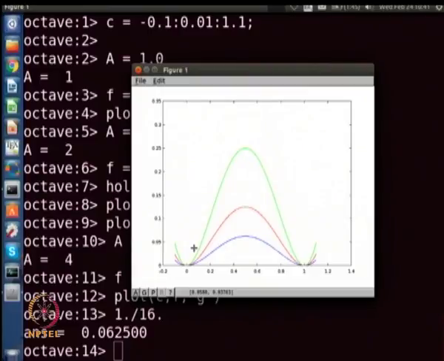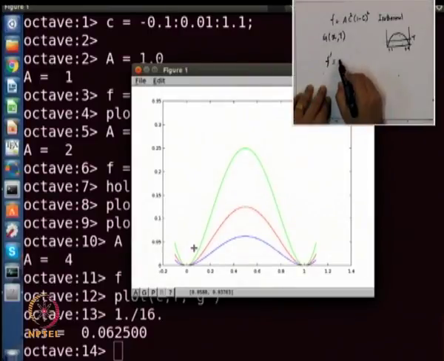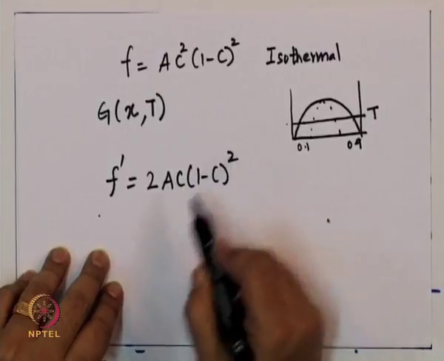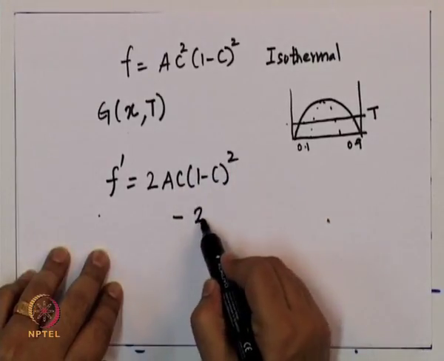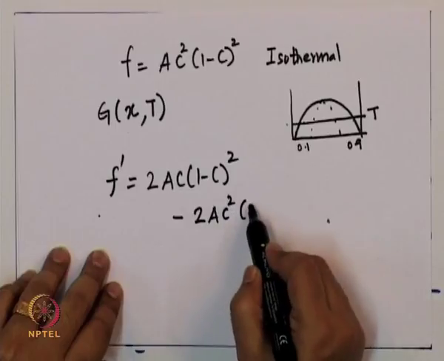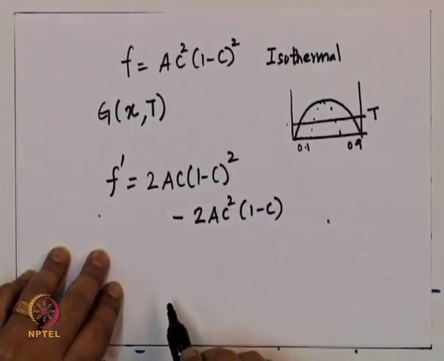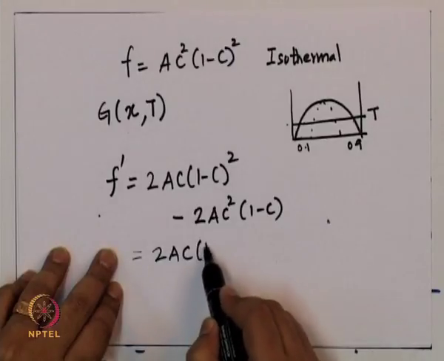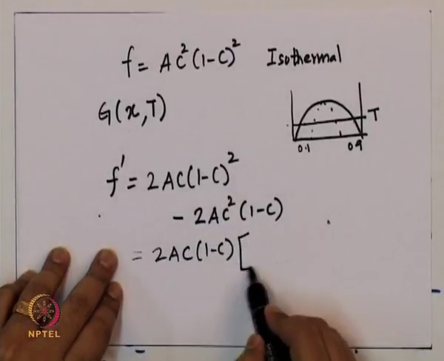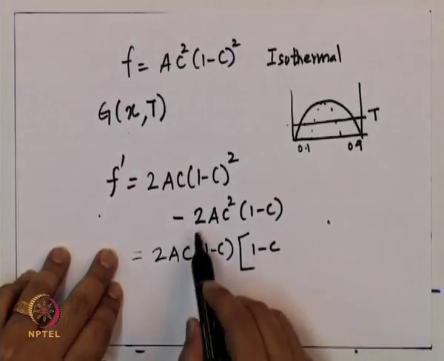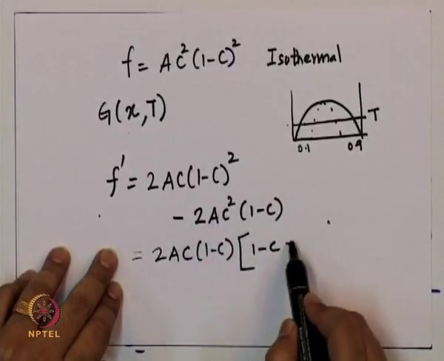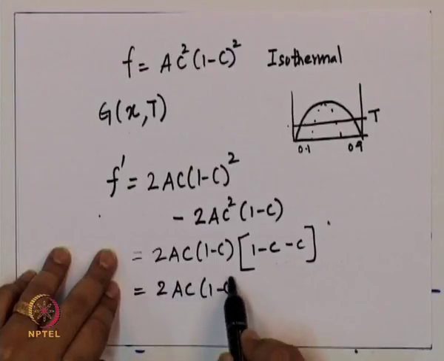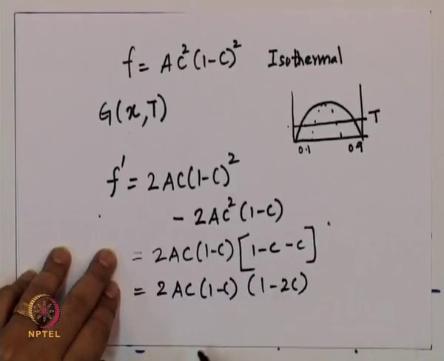If you try to calculate, you can see that it is nothing but 2 A c 1 minus c squared minus 2 A c squared 1 minus c, right. So, you can now pull out 2 A c into 1 minus c. So, that will leave 1 minus c here and minus c here. So, that gives you 2 A c into 1 minus c into 1 minus 2 c.